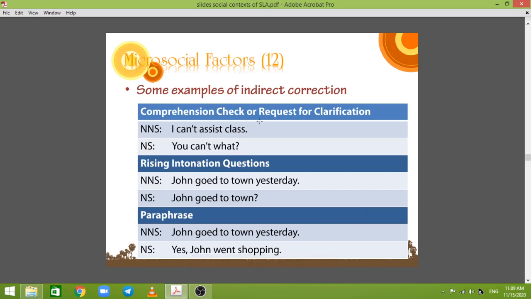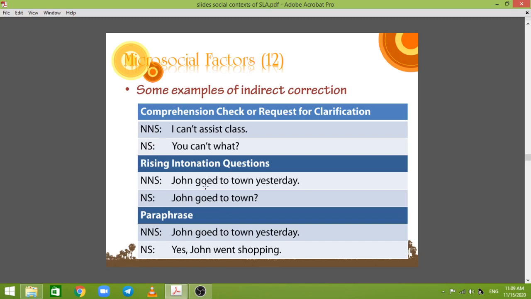For example, you use a comprehension check or request for clarification, everyone. A non-native speaker said, "I can't access," but the native speaker would say, "You can what?" So this one is for clarifying once again in order to check the mistake. Another one can be a rising intonation question, like NNS said, "John got to town yesterday."